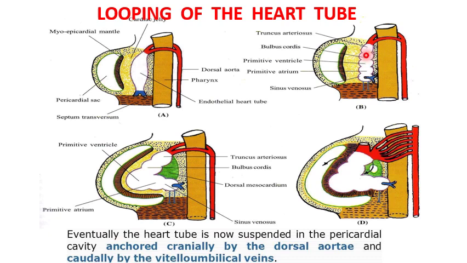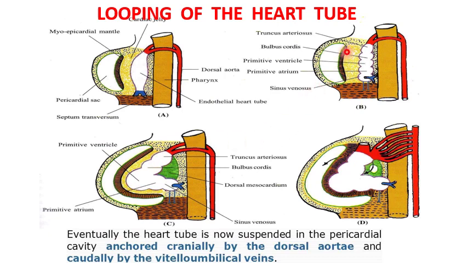So the bulbous cordis mainly grows in length, and eventually the tubular heart bulges ventrally and somewhat caudally into the pericardial sac.